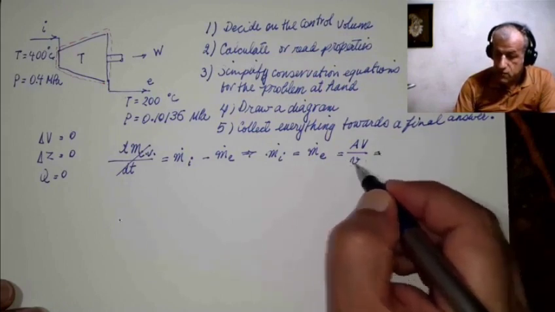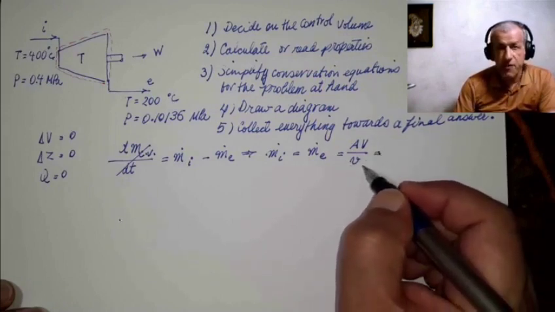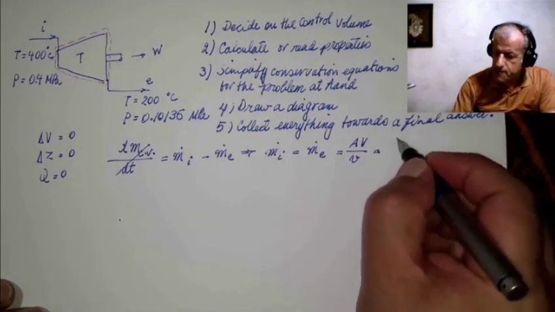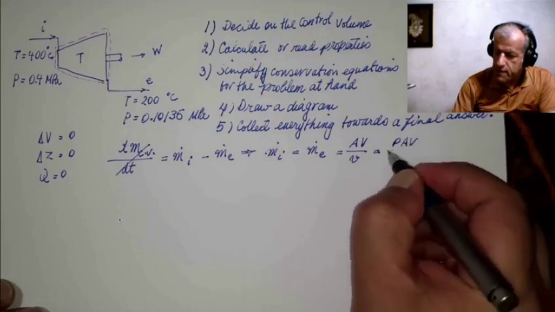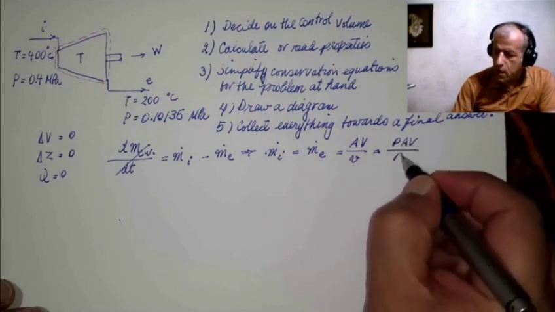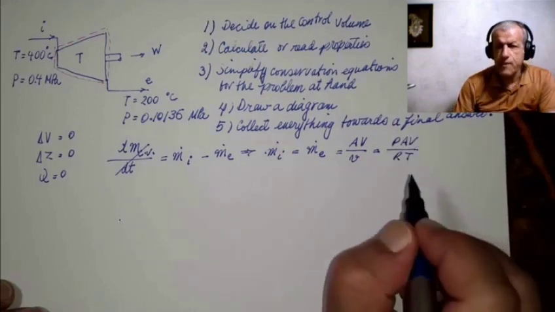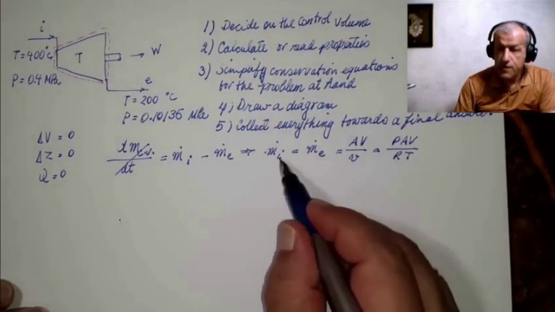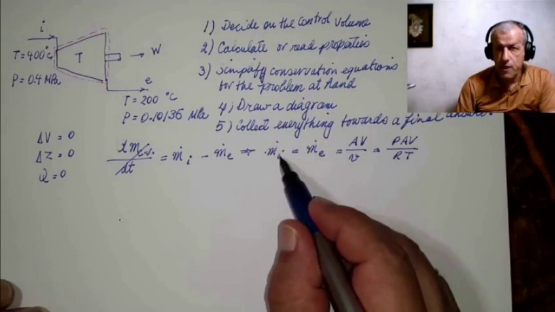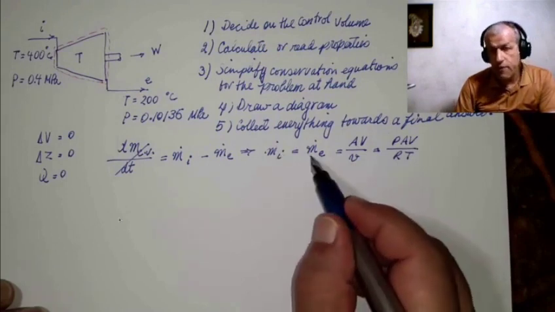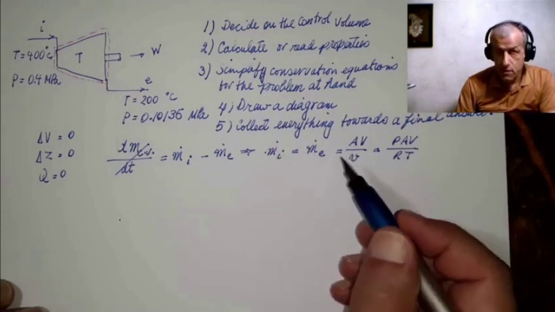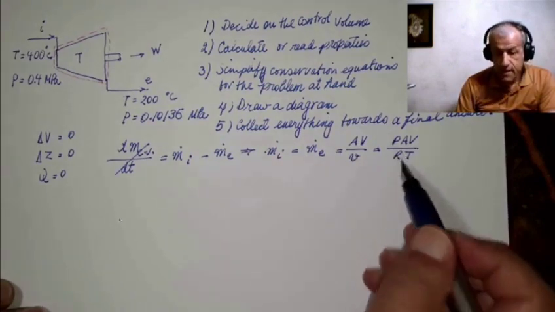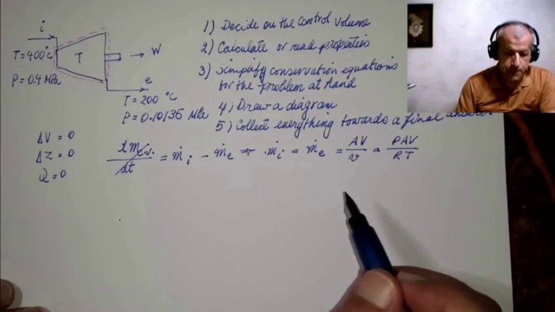And that equals, you could replace v from the perfect gas, and that would make P A V divided by R T. This equation is valid either for the inlet channel or for the exit channel. That's both equal. We just have to add indices to this equation.